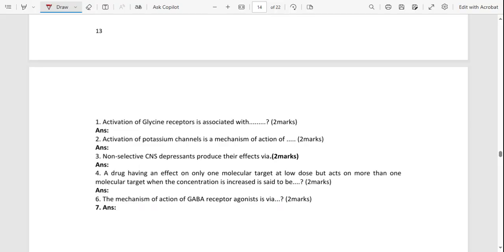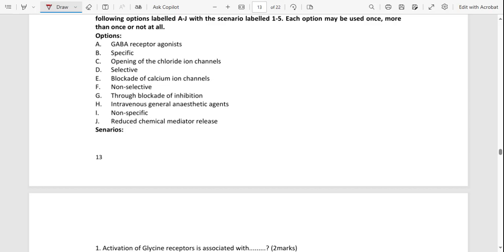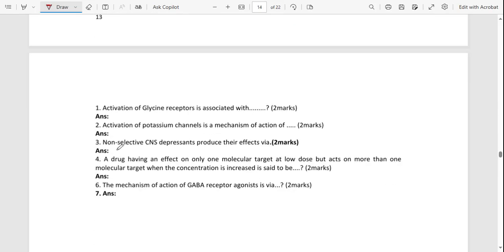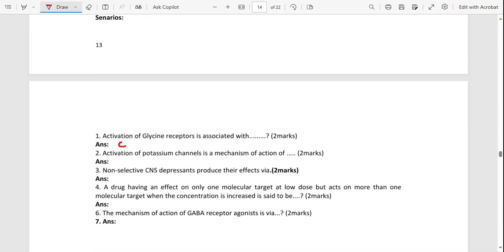Activation of glycine receptors associated with what? So if you activate glycine receptor, you get to open the chloride channel, so it is C. Okay. Activation of potassium channel is a mechanism of action of, remember, for potassium channels, it is the general anesthetic, so intravenous general anesthetics.